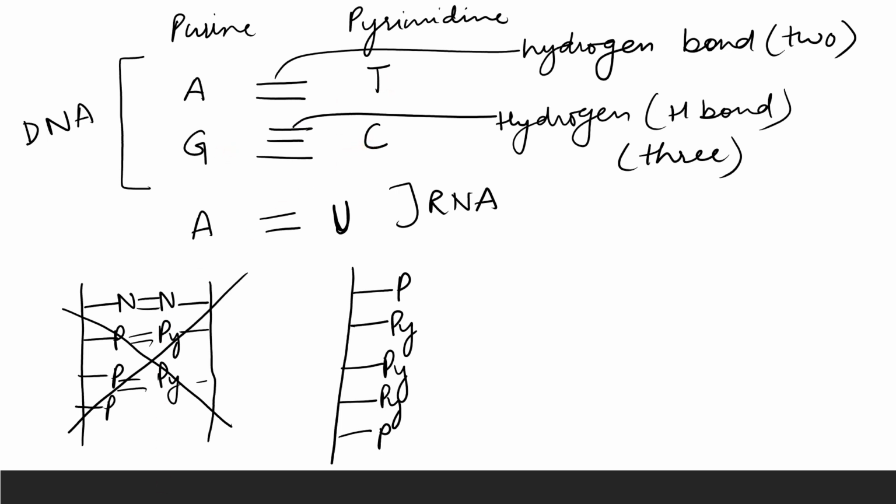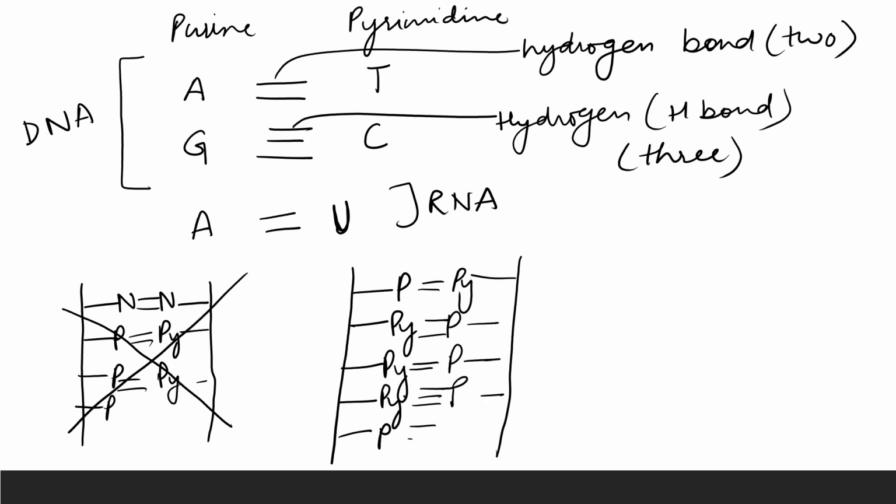So now we can make the other chain. Here we have a purine. So on the other side, we'll have a pyrimidine, right? Here we have a pyrimidine, now we have a purine. Pyrimidine, now we have a purine. Now we have a pyrimidine, now here we have a purine.